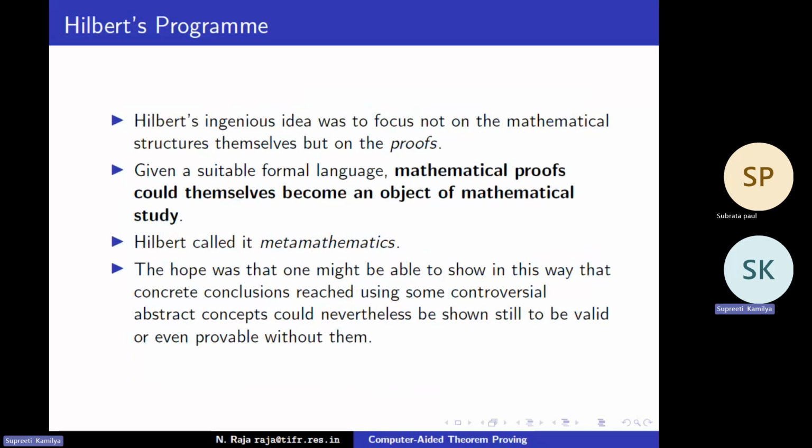And Hilbert said that the hope was that once you have some controversial abstract concepts and you reach some concrete conclusions from them, then you may be able to show that these concepts are valid, or you may even be able to reach these conclusions even without those new concepts. So this was Hilbert's major idea.